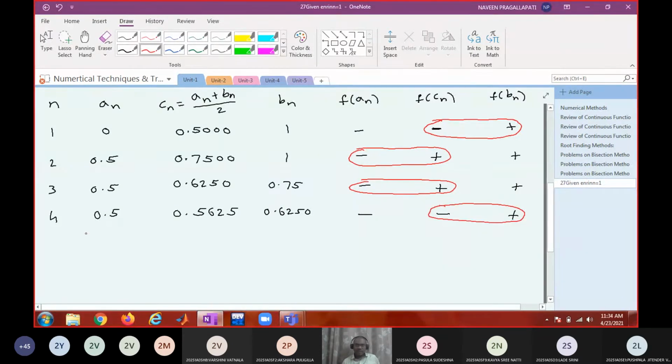So I have to select the right half interval, right? In that case, what is that? c4, b4. c4 is 0.5625, b4 is 0.6250. Negative, positive. Midpoint: 0.5938.